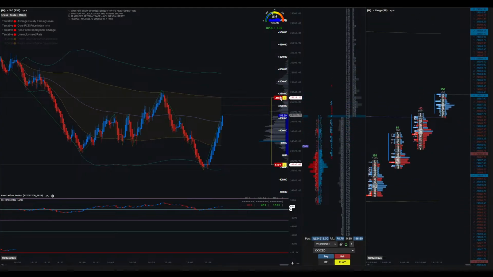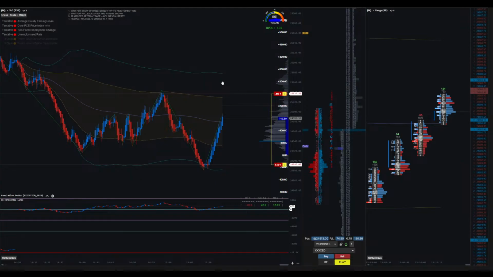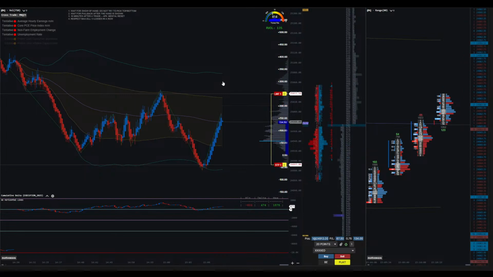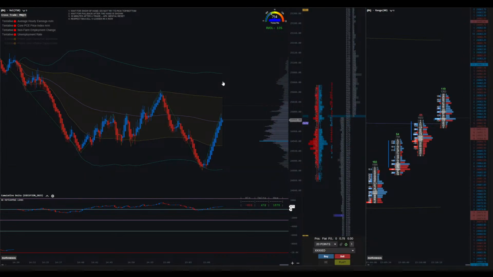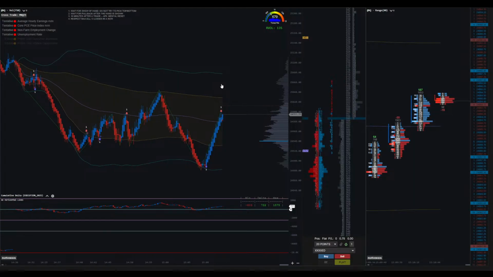Seems to be slicing through. I want to take it, to be honest. I'm taking it. And it's gonna continue.